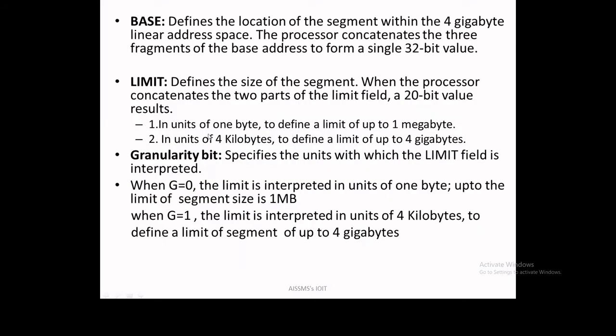As I said, there can be two ways to define the limit of the segment. The first way is in units of bytes, to define a limit of up to 1 megabyte. Which means the segment is in units of bytes, and the limit of that segment is up to 1 megabyte.